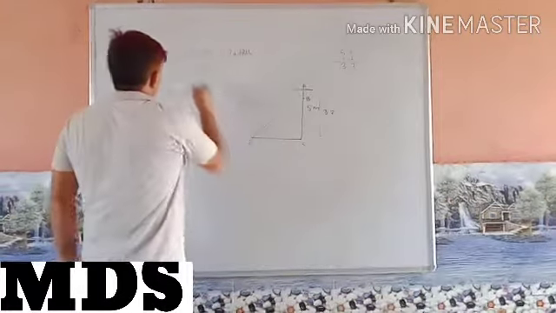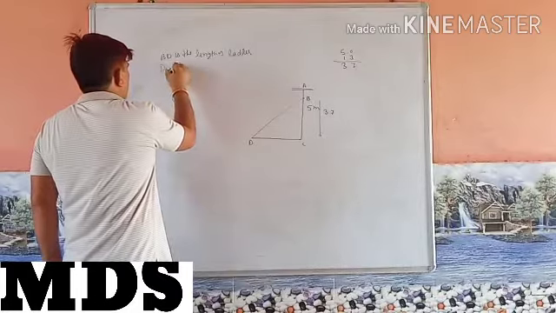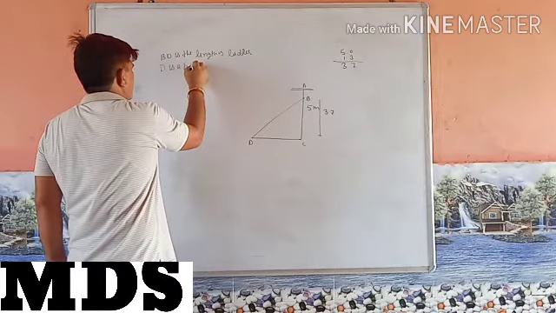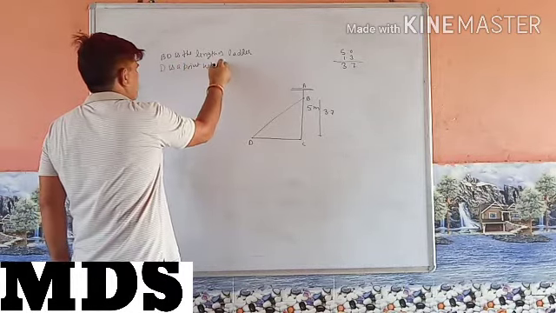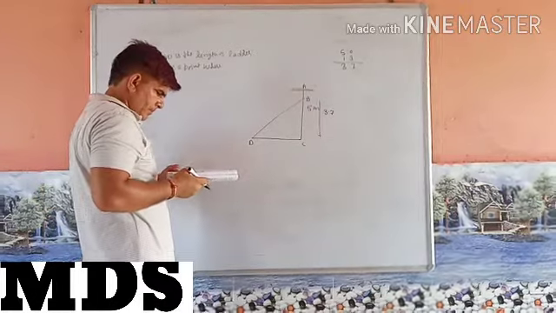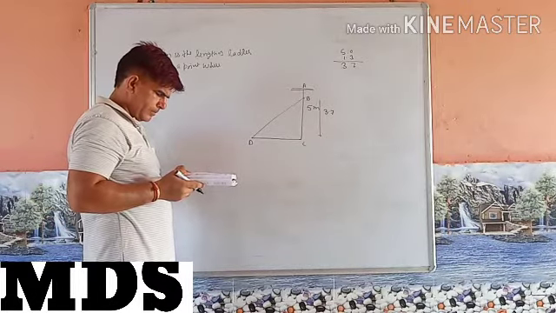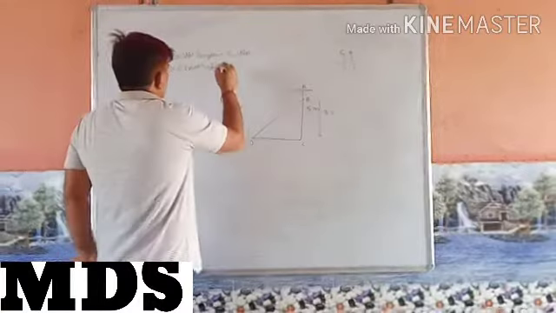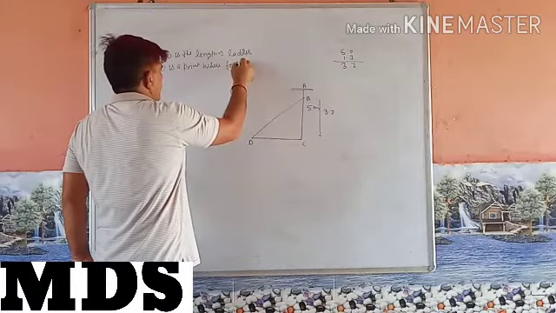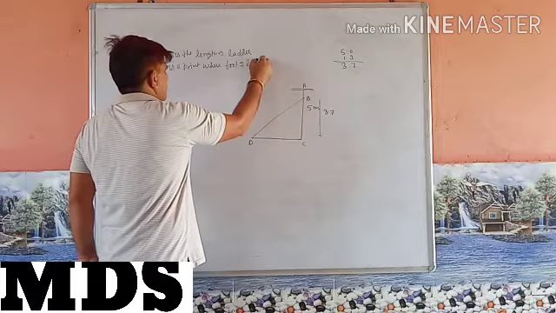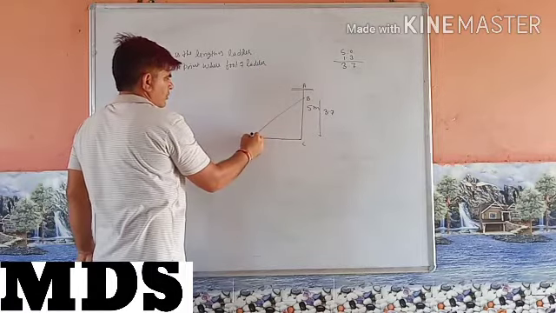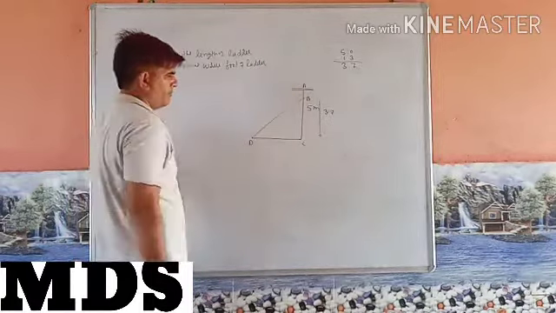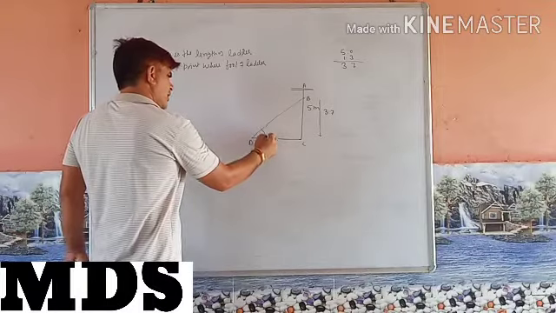Understood? And D is a point, the foot of the ladder. And this angle is how much degree?